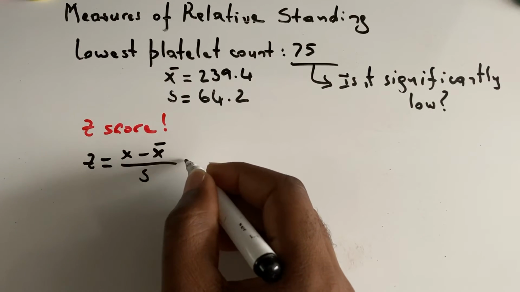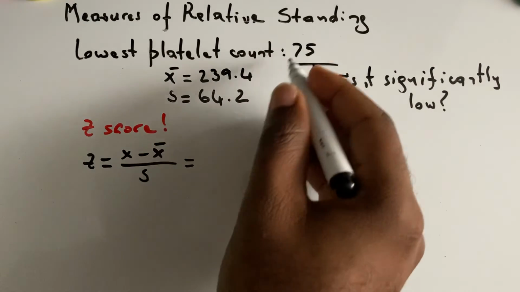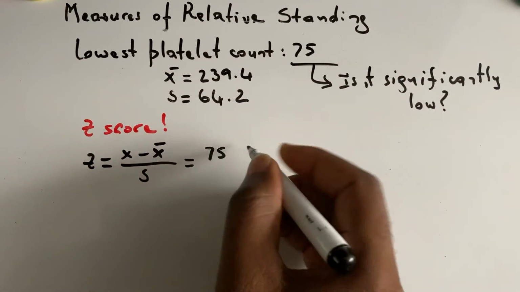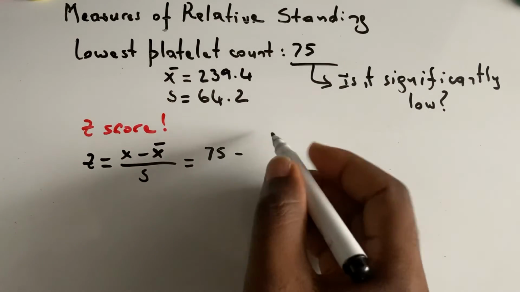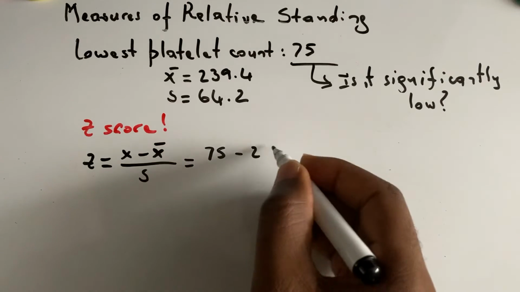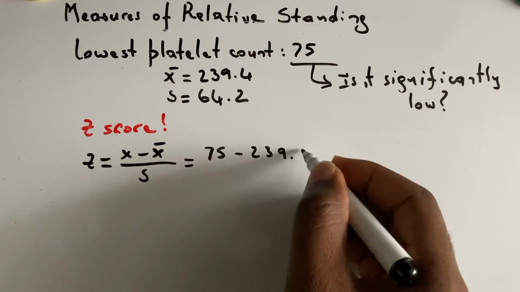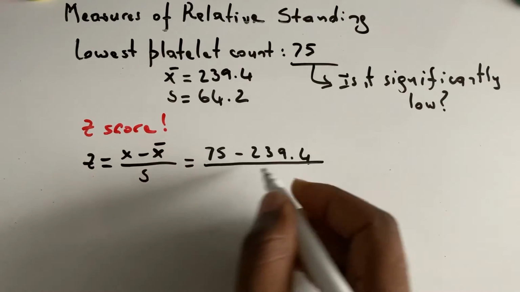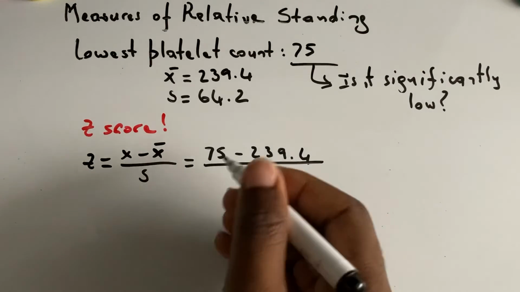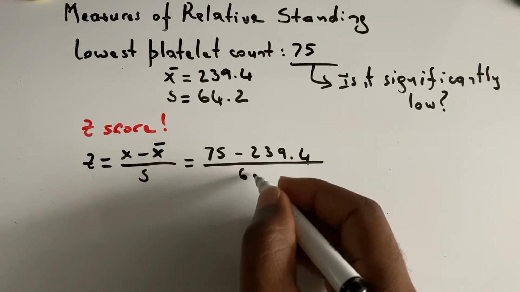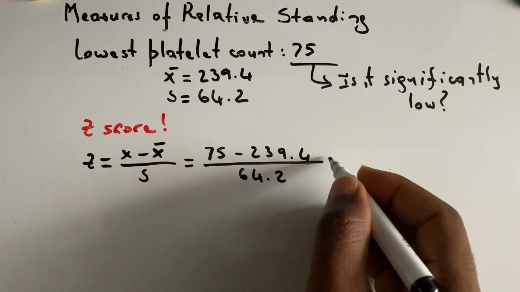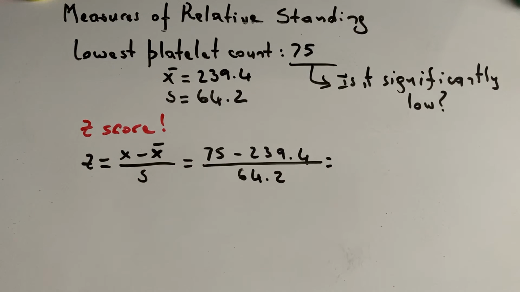The individual value we want to check is 75. We subtract the mean, 239.4, and divide by the standard deviation, 64.2.